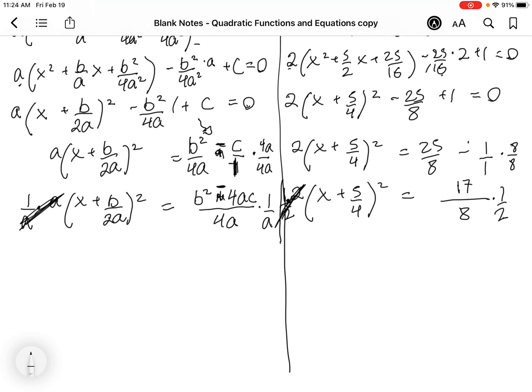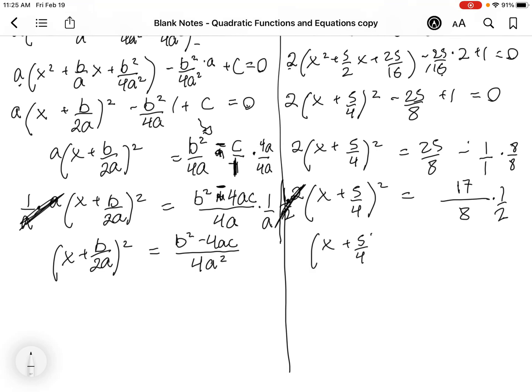So on the left-hand side, I have x plus b over 2a squared equals b squared minus 4ac over, now 4a times a is 4a squared. And on this side, I have x plus 5 over 4 squared equals 17 over 8 times 2 is 16.